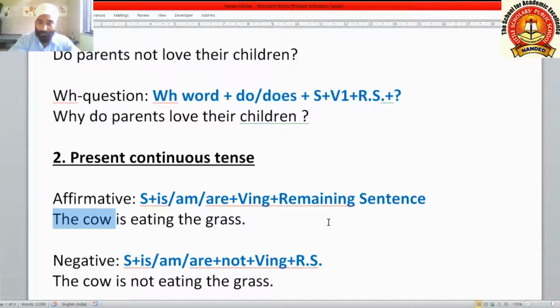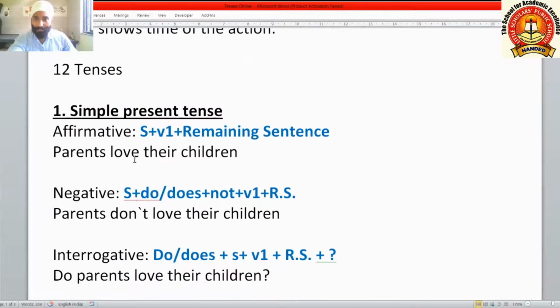The verb with the ing form will be the same. The simple present was showing the habitual action or a fact, any fact or any declaration. So here you can say parents love their children is a declaration, or this is a fact, this is a condition.